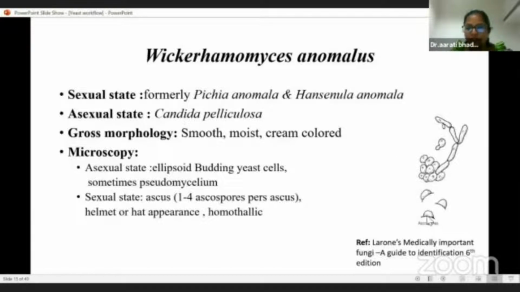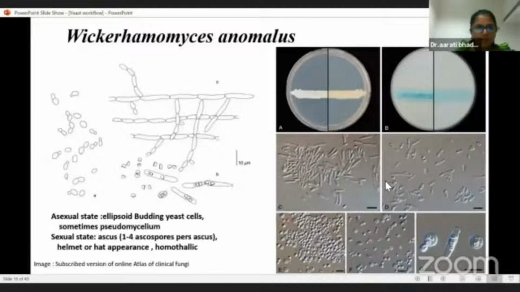And in the sexual state, we can see the ascospores. The ascus will have a helmet or hat appearance, and they will be homothallic. These are the colonies of Vicarihamomyces anomalus, yeasty colonies, and we can see here the ellipsoid budding yeast cells, sometimes with pseudomycelium, and these are the ascospores we can see.